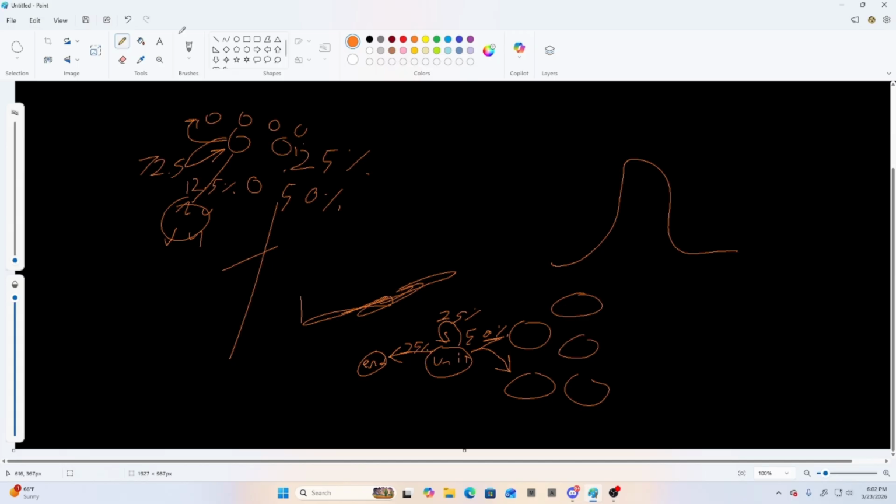Now, on that 25% chance, it goes up here. But on that 2.5, it happens again, which means in reality that we are dealing with a 2/3 probability here and a 1/3 death.